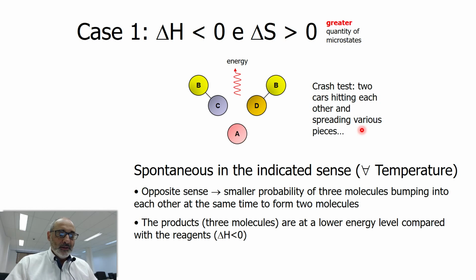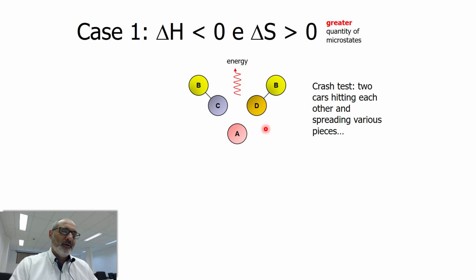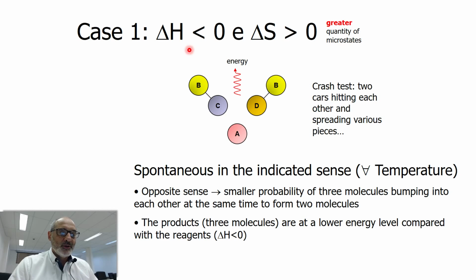So in this case, it's natural to assume that the process is spontaneous in the indicated sense. Indicated sense means in this sense: two molecules bumping and bringing about three molecules. Since the process is exothermic and entropy increases, the process is spontaneous in the indicated sense at any temperature.